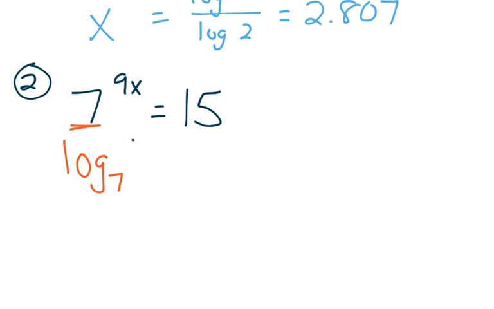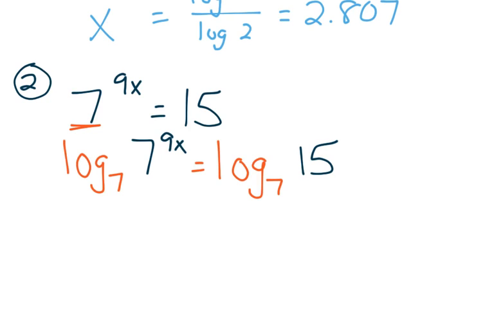So log base 7 of 7 to the 9x power is equal to the log base 7 of 15. And if we do the log base 7 on one side, we have to do the log base 7 on the other. Okay, so this log base 7 of 7 cancels itself out. We're just left with 9x.